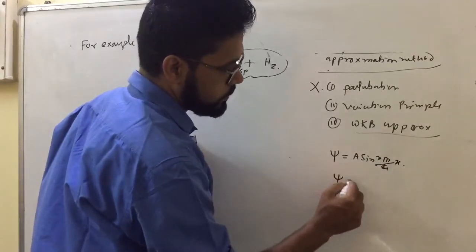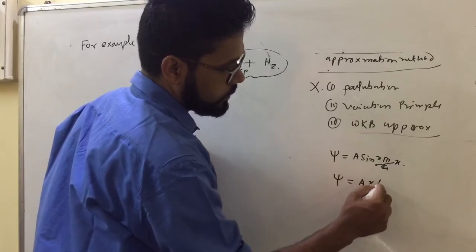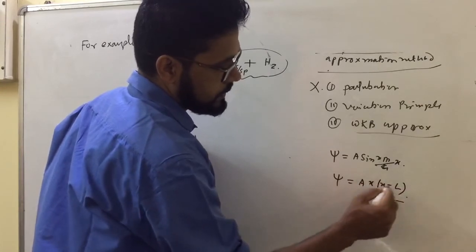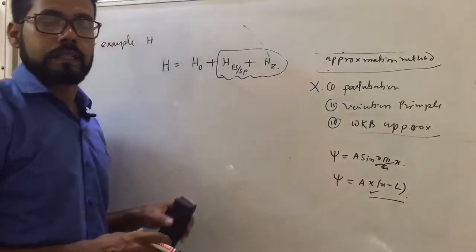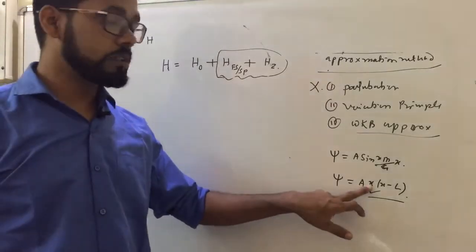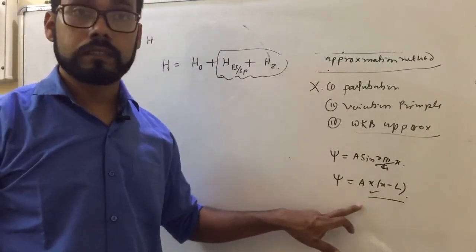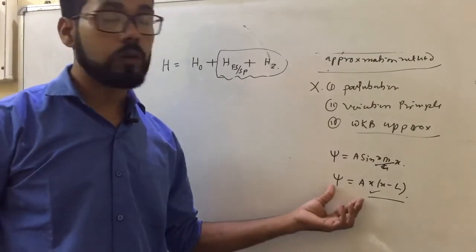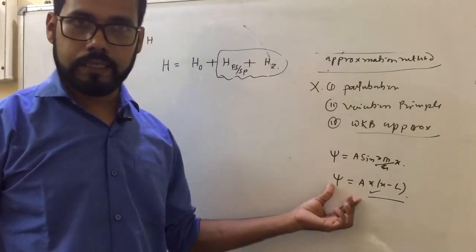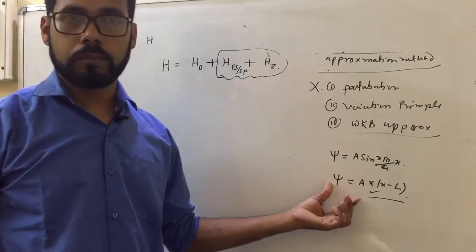Suppose I write the wave function as A x (x minus L); this is also a wave function of the particle in a box, because when x equals 0, the wave function is 0, and when x equals L, the wave function is 0. That means this satisfies the wave function of a particle in a box.